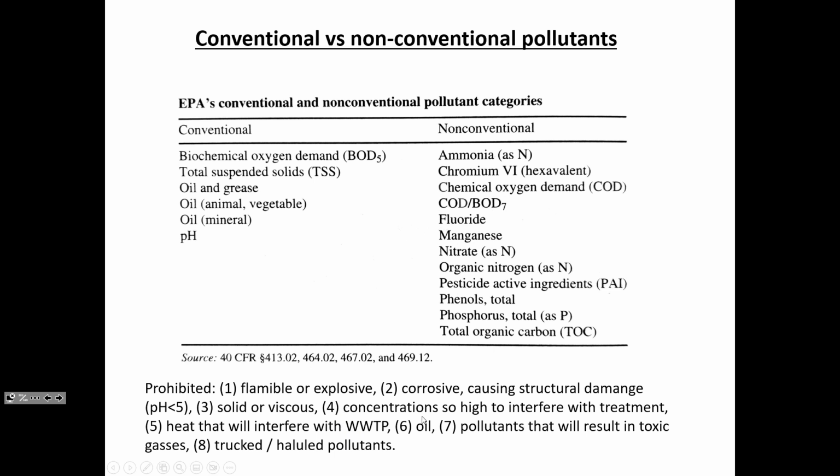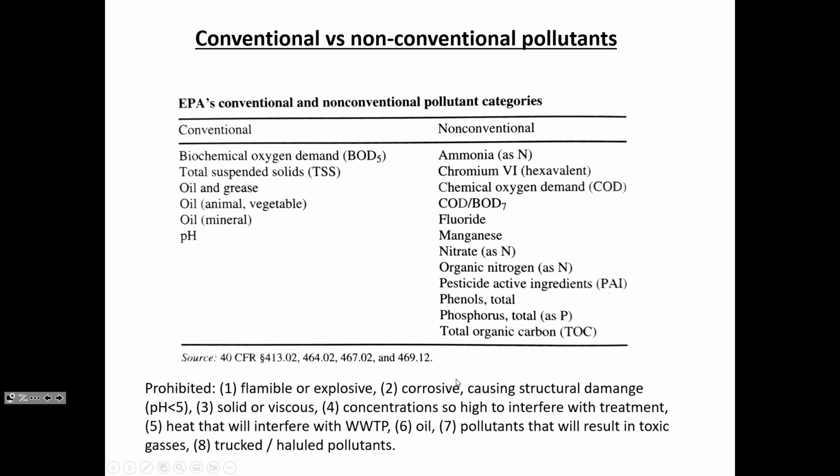Any pollutants that have concentrations so high that they would interfere with treatment aren't permitted. And a wastewater treatment plant usually is not able to change how quickly the bacterial action is working. It takes weeks to bring a plant into equilibrium and to have the right number of microorganisms in an aeration basin.